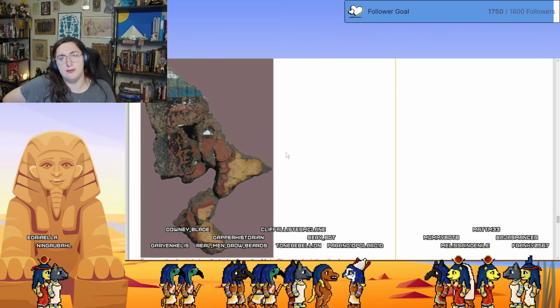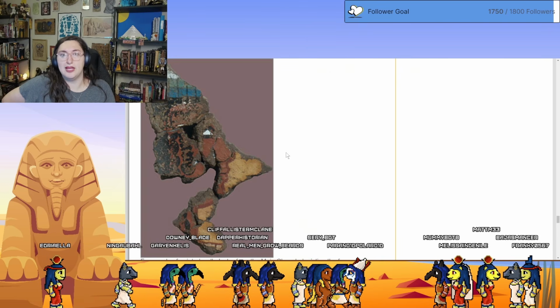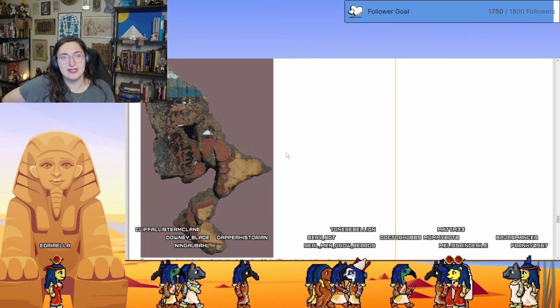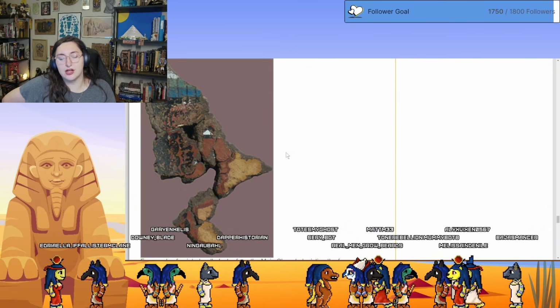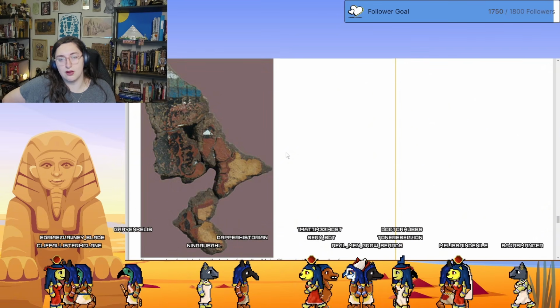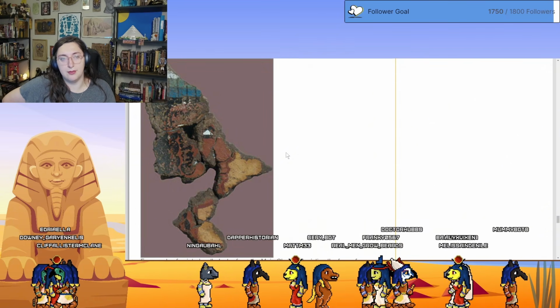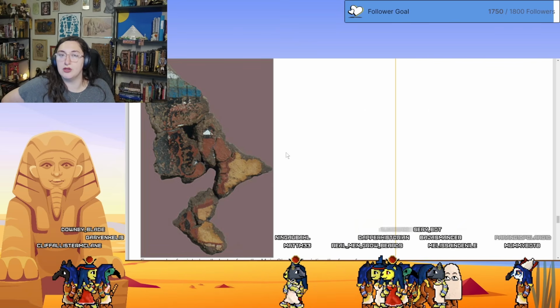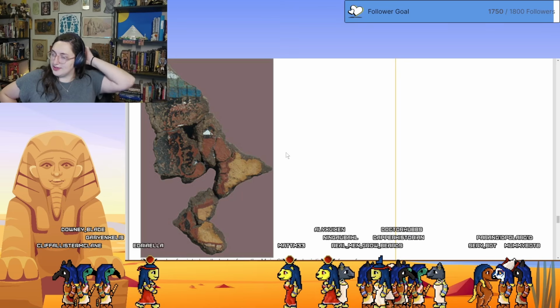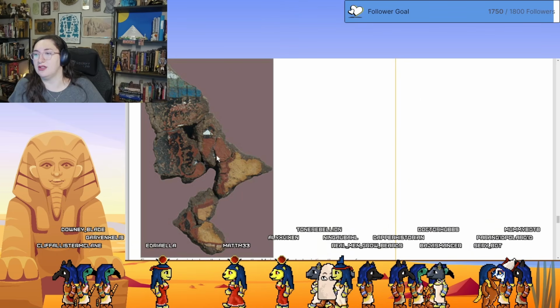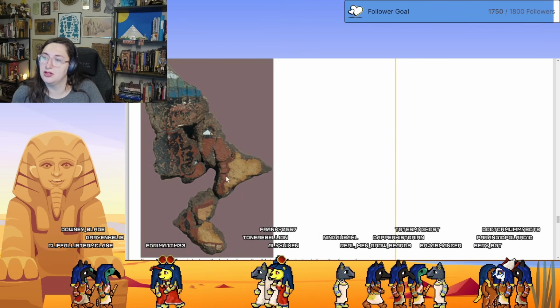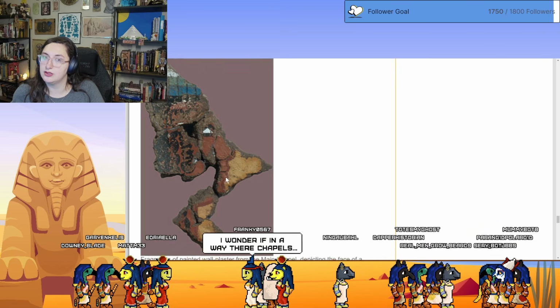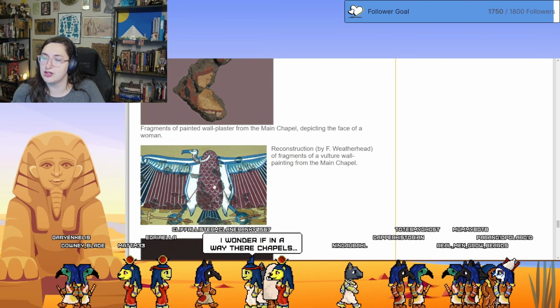Deir al Medina is more an artist hub, artisans. But they are still, technically, workmen who are building the tombs for the Valley of the Kings, so it's still very similar. Like, look at that. Isn't that beautiful? Wow. I would have loved to see that in completion.